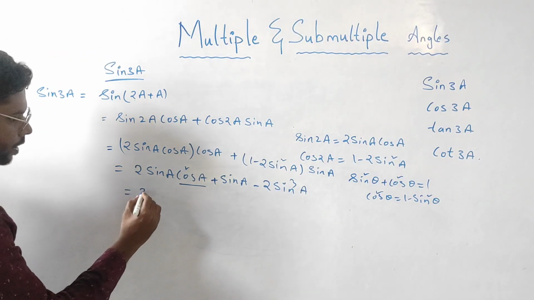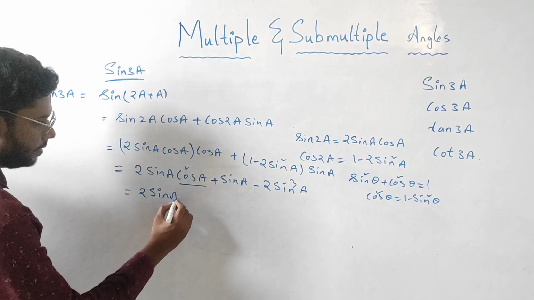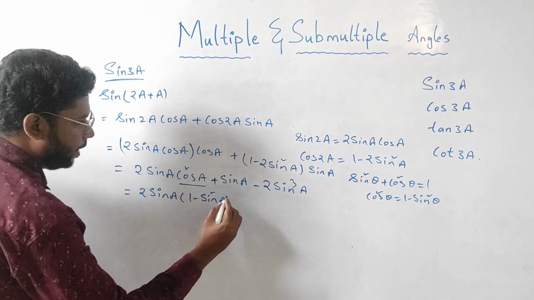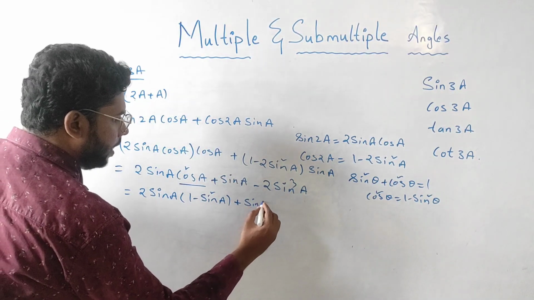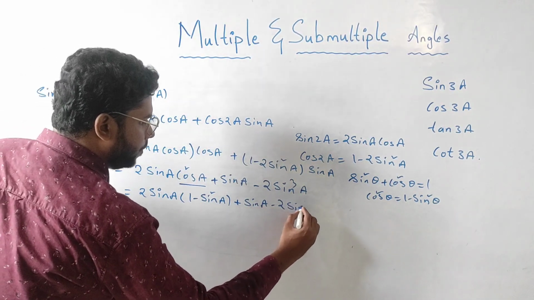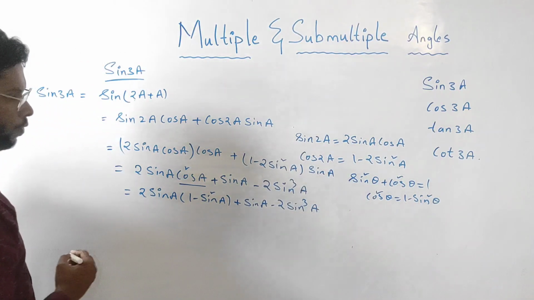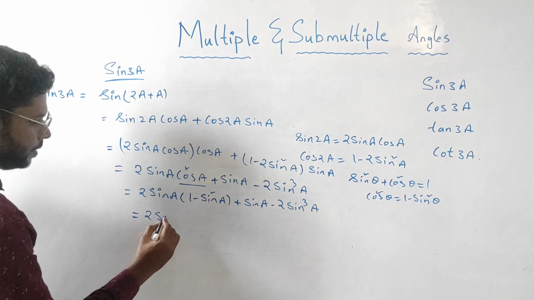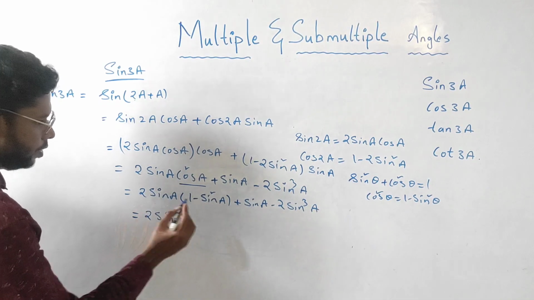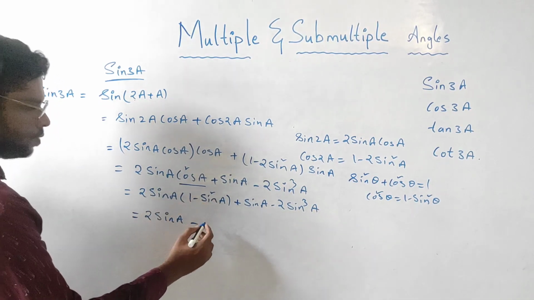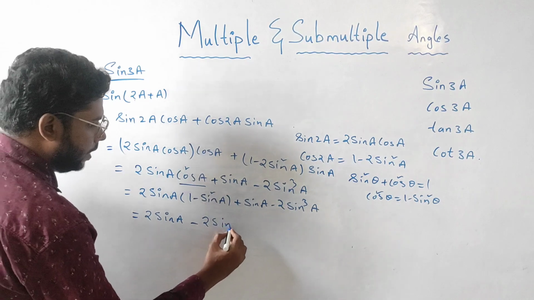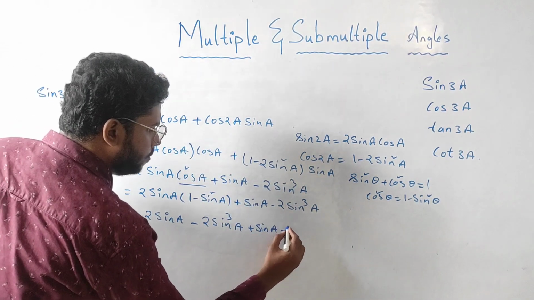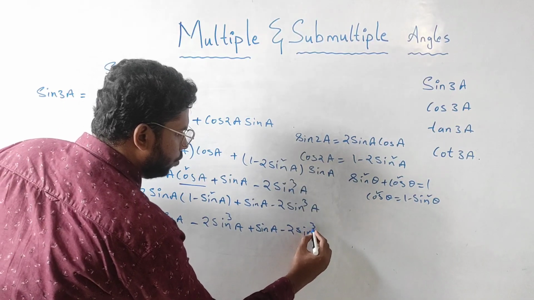So 2 sin A as it is, in the place of cos square A, I am writing 1 minus sin square A, plus this sin A as it is, minus 2 sin cube A. Multiply again: 2 sin A into 1 will be 2 sin A. Now minus 2 sin A into sin square A gives minus 2 sin cube A. Plus sin A as it is, minus 2 sin cube A.